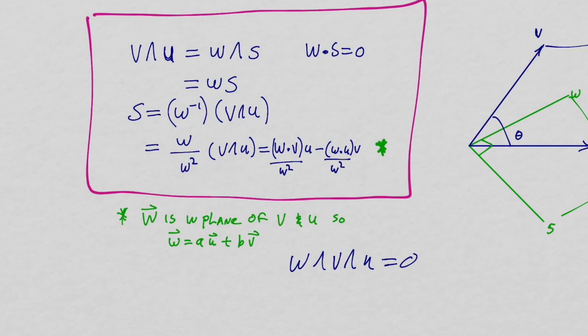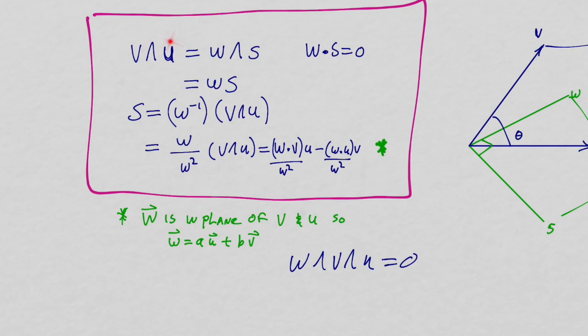Because W is dependent on both V and U. So because of that, the only part that survives is the contraction part, and we've memorized how to calculate the contraction part. So you just choose S to be this, and you've now met all the criteria.